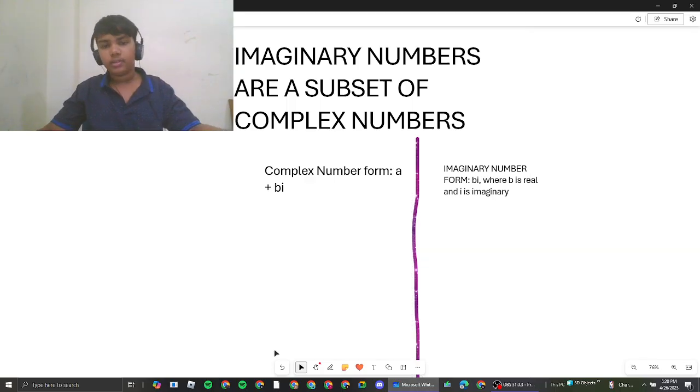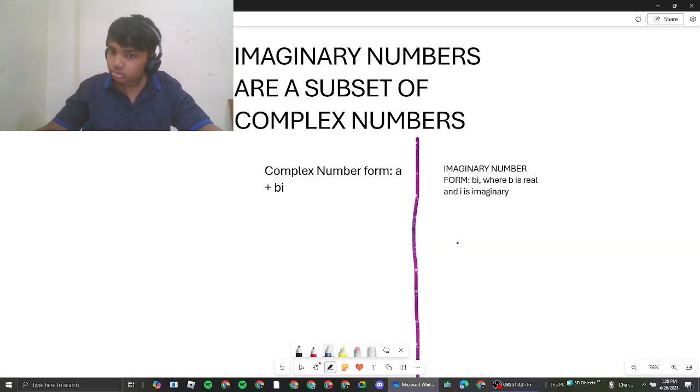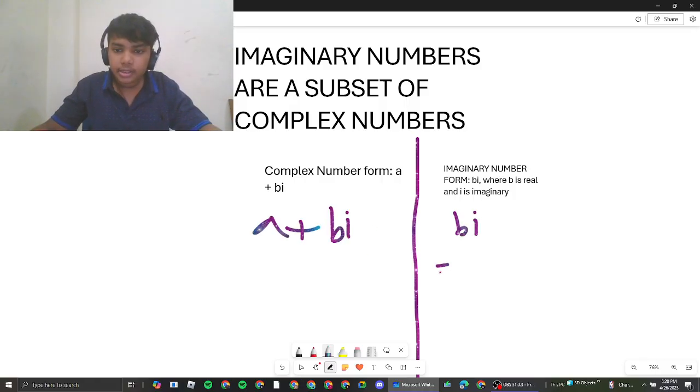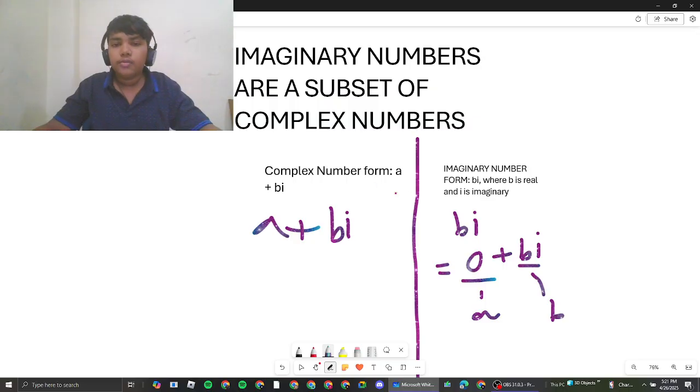Okay, no, this is right. So this will be bi, and this will be a plus bi. However, we can rewrite this as 0 plus bi. This fits the definition because this is our a, this is our b. So we can say that these are equal in form.